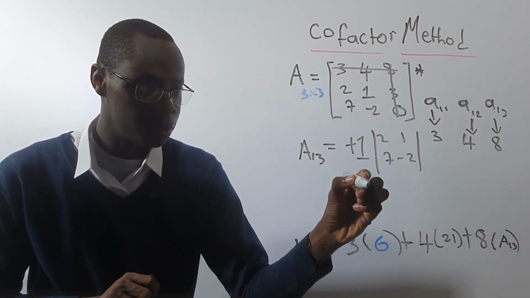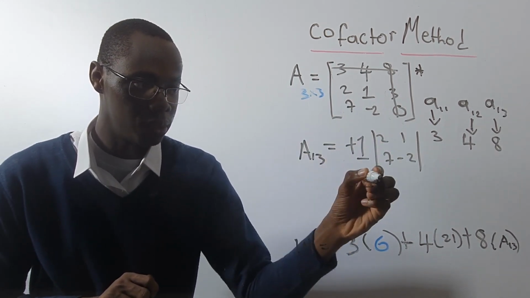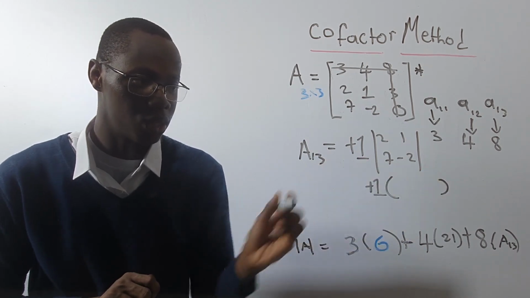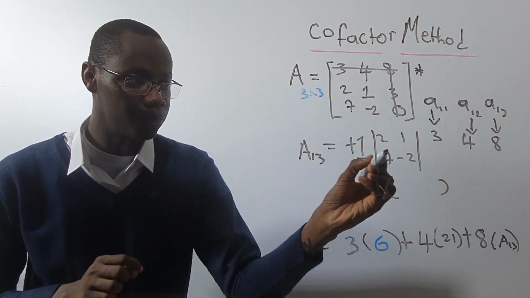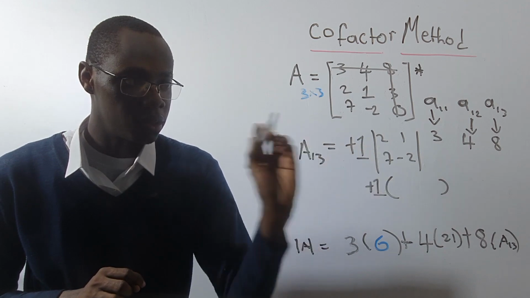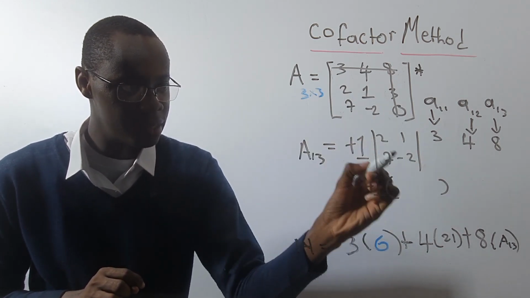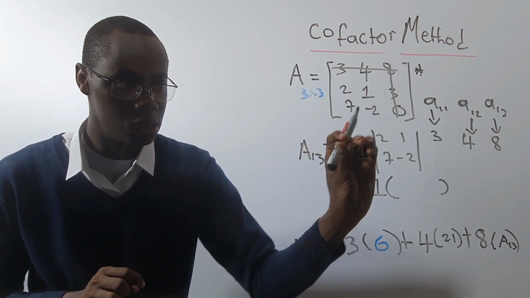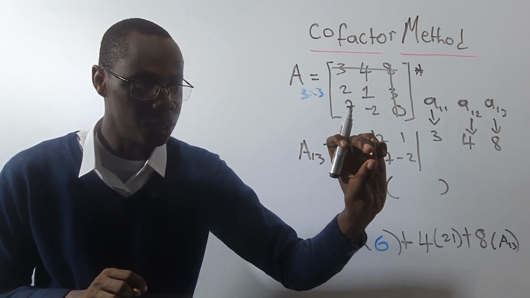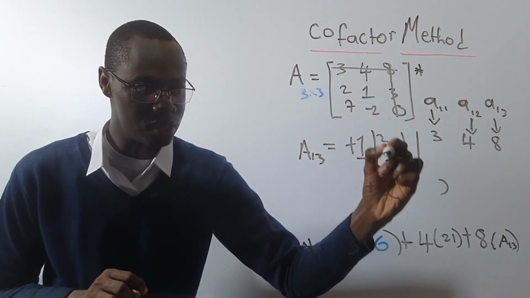So this will now be plus 1 multiplied by, that's why it's called the cofactor. To find this part, all we need to do is very easy. Multiply this by this, the main diagonal, and subtract it from the second diagonal, 7 and 1.